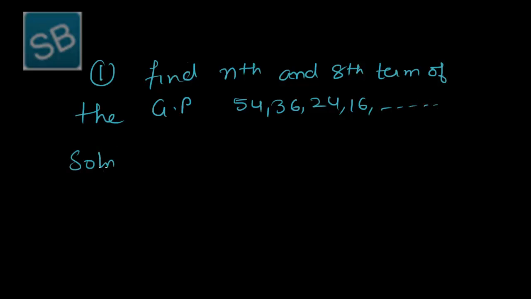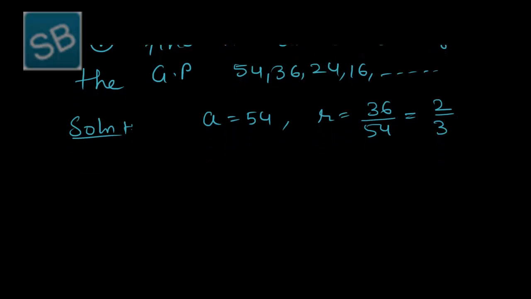Now here, A is equal to 54 and R is equal to T2 over T1, that is 36 over 54, that is 18, 18 twos are 36, 18 threes are 54. So the ratio R is 2 by 3.